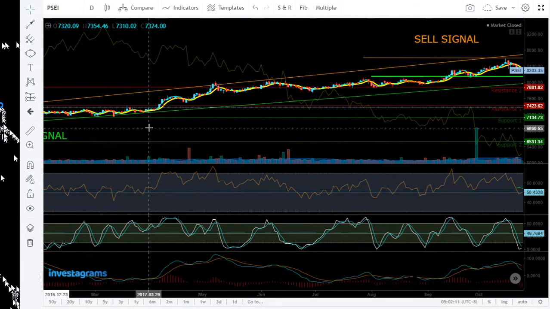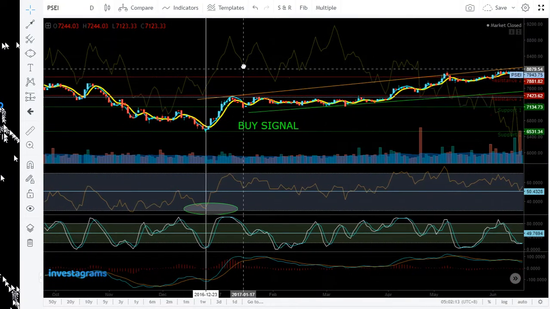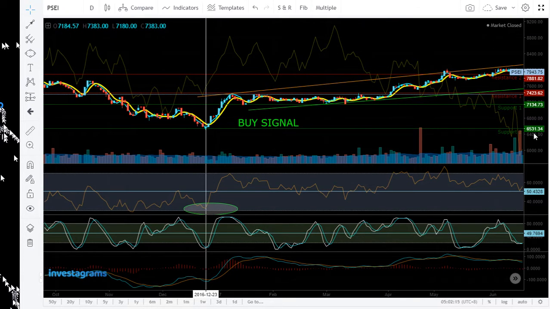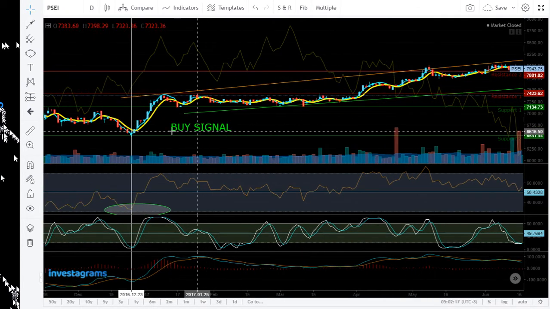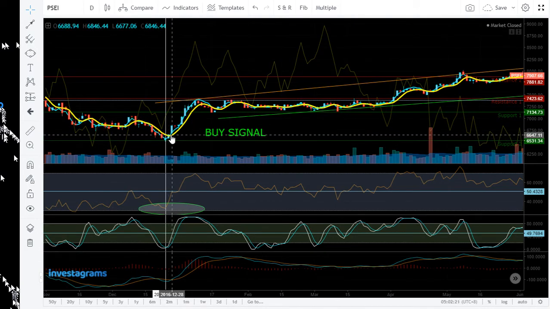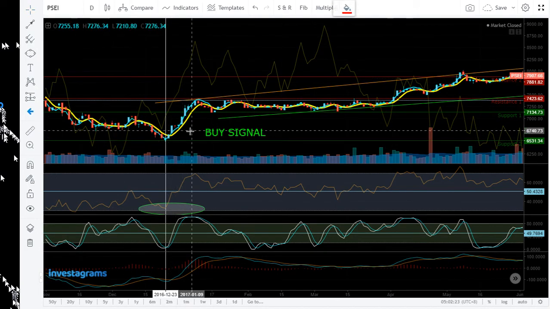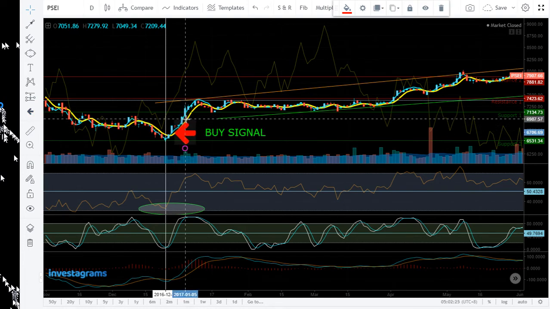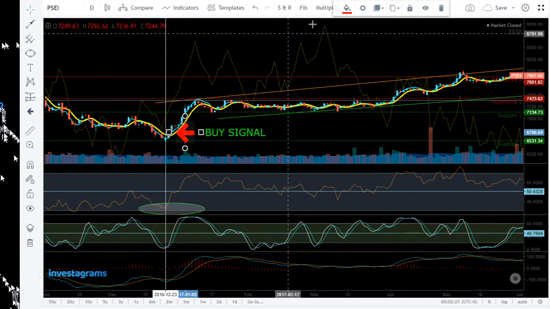When the particular stock pierces up above the yellow CYbORG line, what does it mean? It means that you have to execute your buy entry the CYbORG way. Alright?